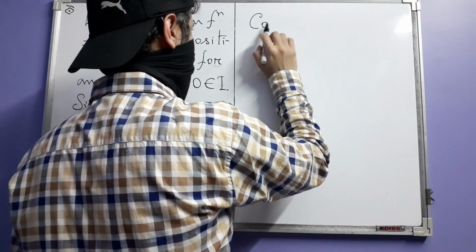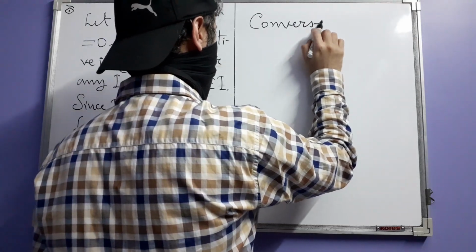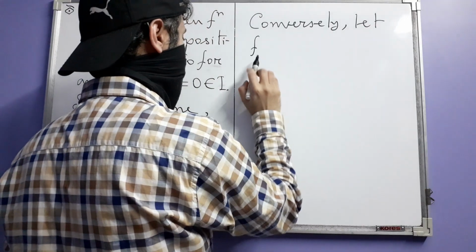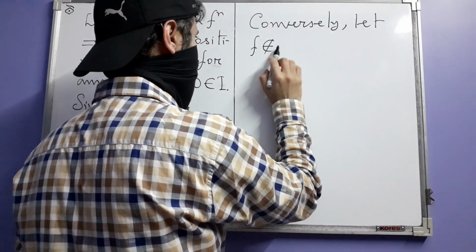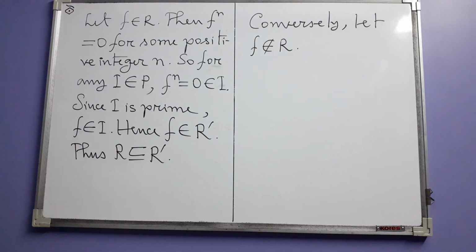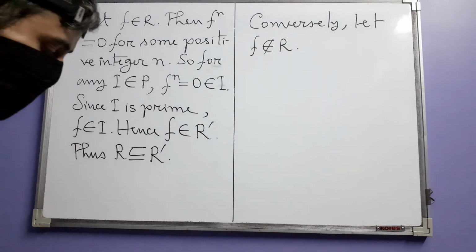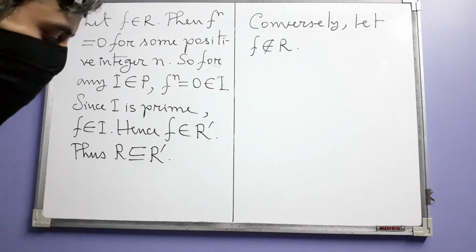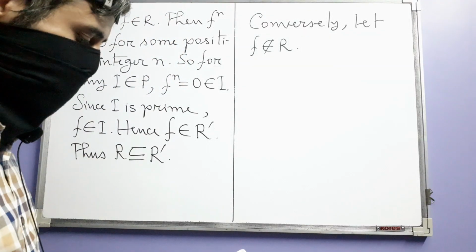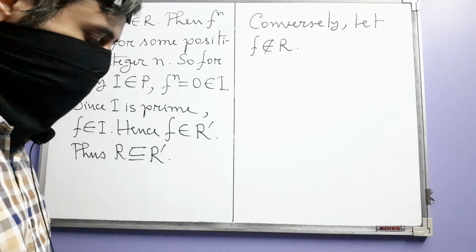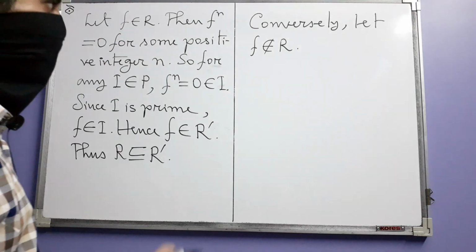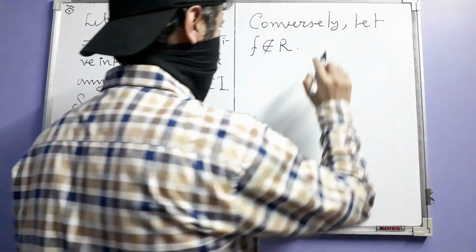Conversely, let f be not in R. Now, f being not in R means what? It means that f is not a nilpotent element. Yeah, f is not a nilpotent element.